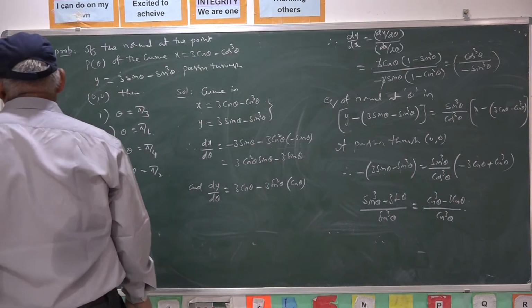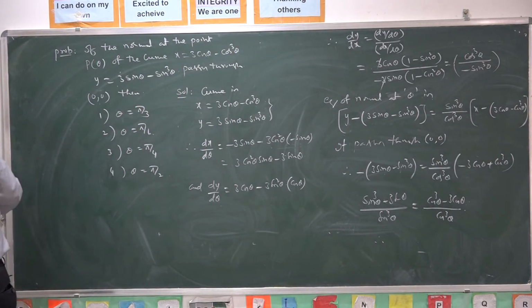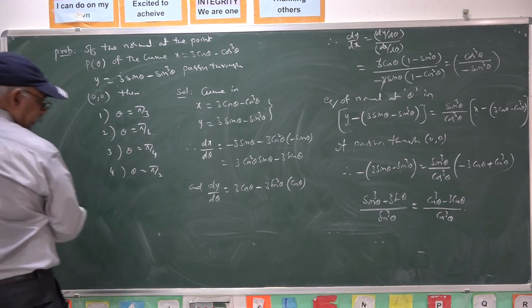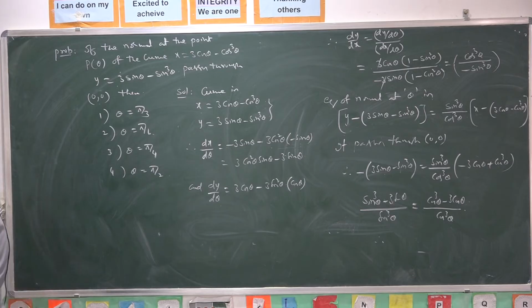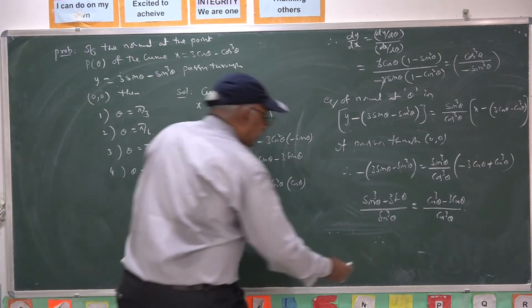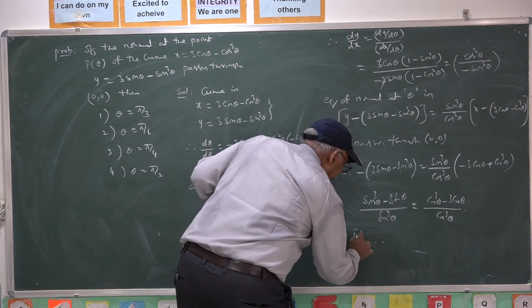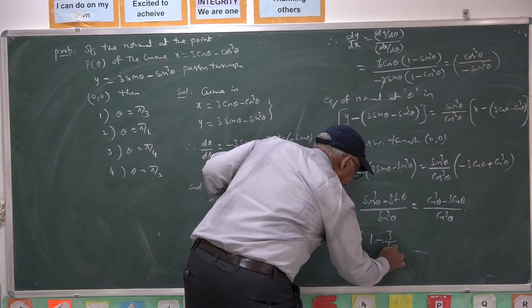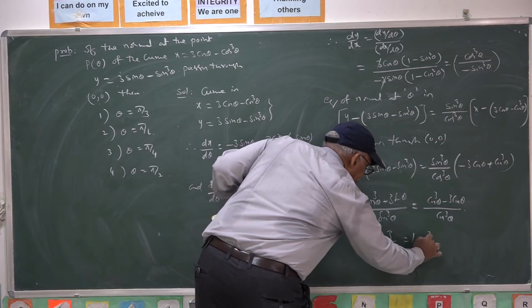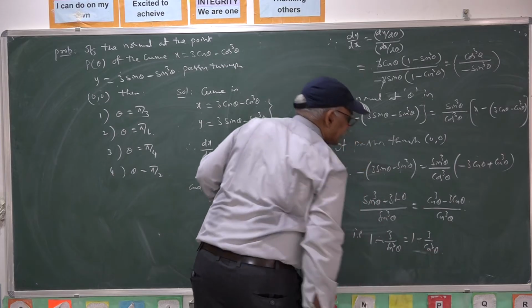Now solving this, you get the value of theta, the value of theta which satisfies this one. Clearly theta equal to pi by 4. Or this is 1 minus 3 by sin square theta takes the value 1 minus 3 by cos square theta.